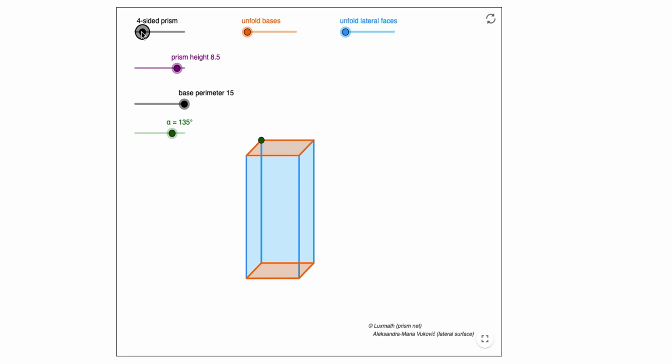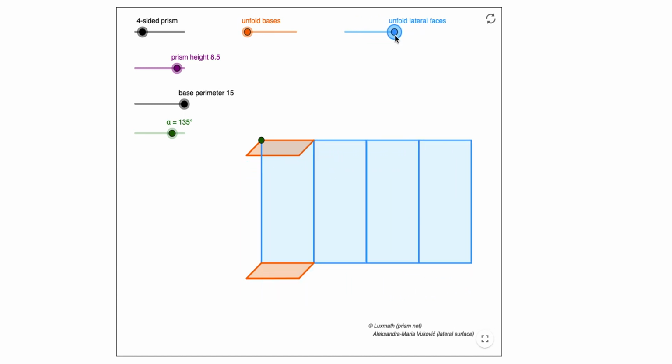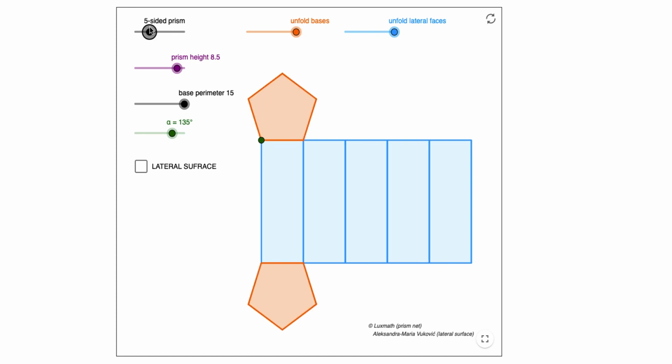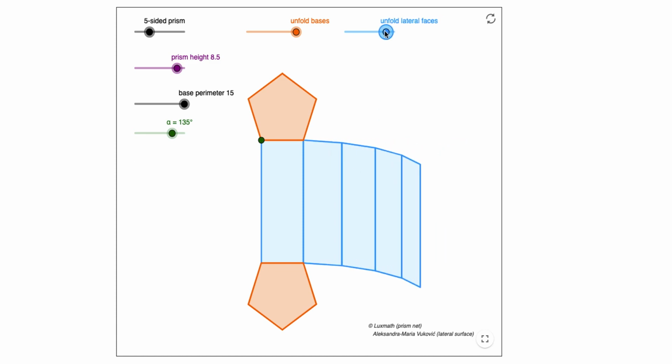And I can change that to a rectangular prism. So you can see we have two bases again, and each of these lateral faces is still a rectangle, right? But the bases are squares. I'm going to show you 5 sides. You have the pentagon on the bases, and you have 5 rectangular lateral faces.